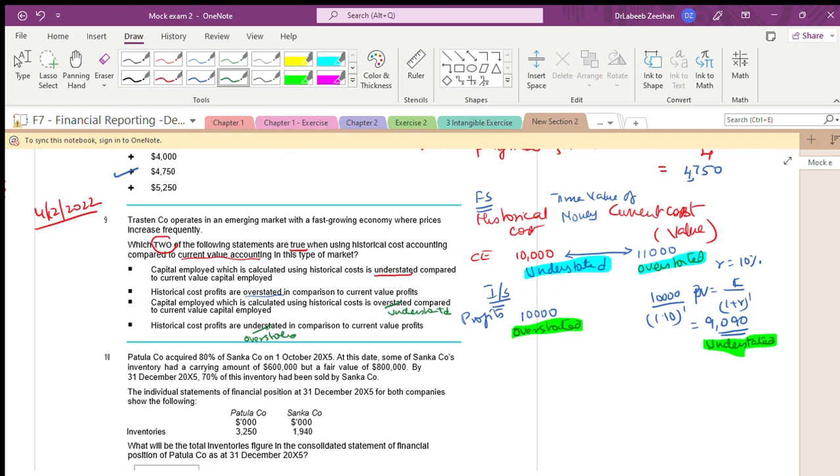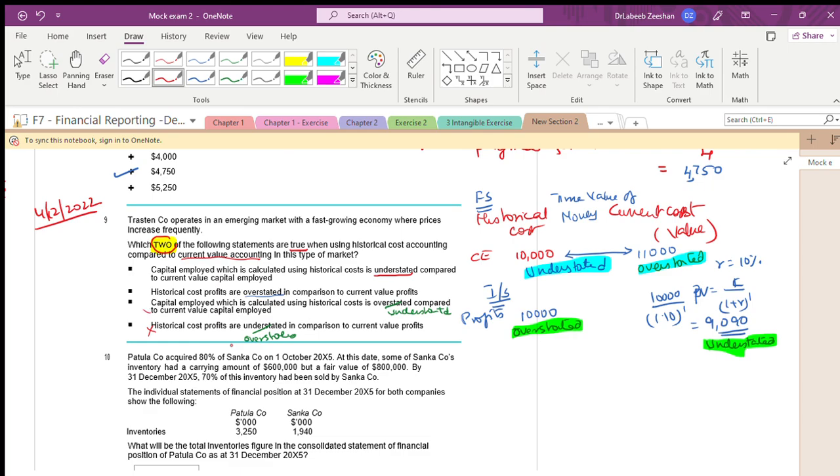Which one is the answer? Last one. Two. First one and last one. This one is wrong, this is overstated.